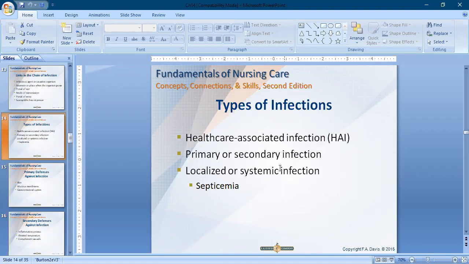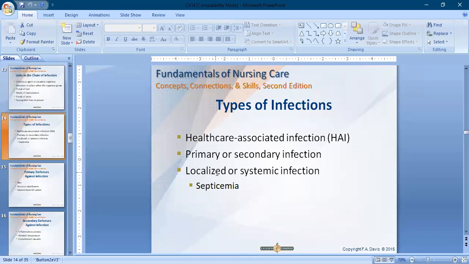Systemic infection means symptoms including fever, chills, malaise, fatigue, or increased respiratory rate and increased pulse. Another terminology is localized.